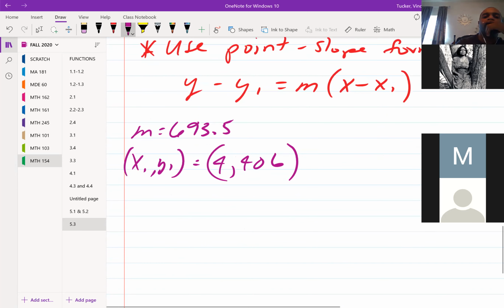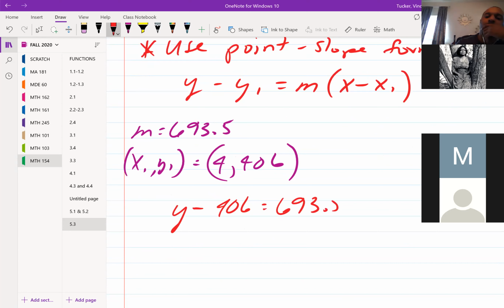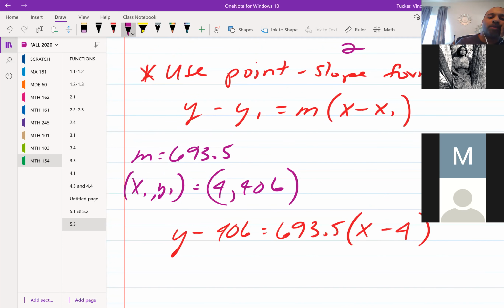And I plug them in accordingly. y1 is 406. Slope is 693.5. And x1 is 4. So keep in mind when you're plugging in, you're plugging in for y1, m, and x1.